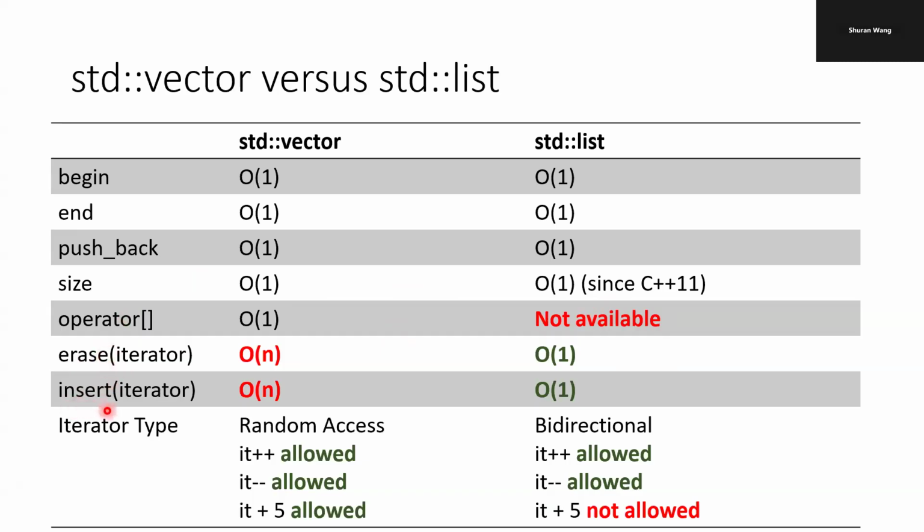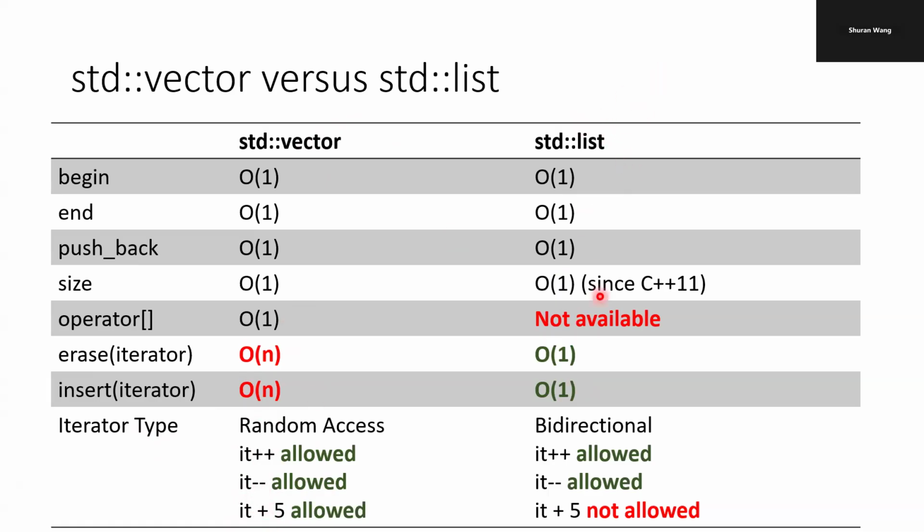For erase and insert using iterators, that means erase and insert into the middle of the container. For vector, we need to copy the tail part, either one previous or one afterwards, so it's O(n). But for list, because we only need to update the neighbors, it's O(1). Iterator type: for vector, it's called a random access iterator, and it can do plus plus, minus minus, plus 5, or plus any number.